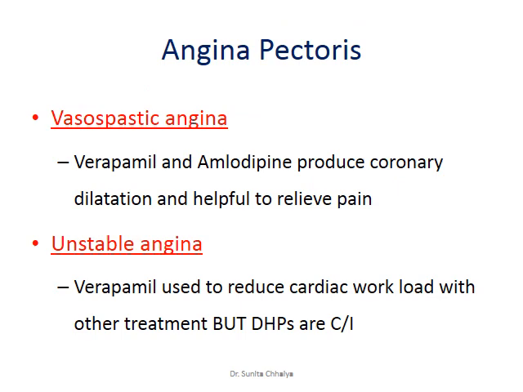For vasospastic angina, verapamil and amlodipine both produce coronary dilatation and they are helpful to relieve the pain. Amlodipine also dilates the vessel, so it is helpful specifically in vasospastic angina. In case of unstable angina, verapamil is used to reduce cardiac workload along with other treatment.